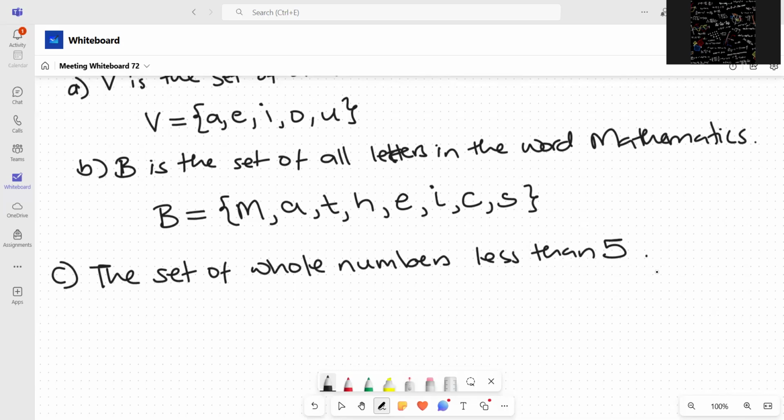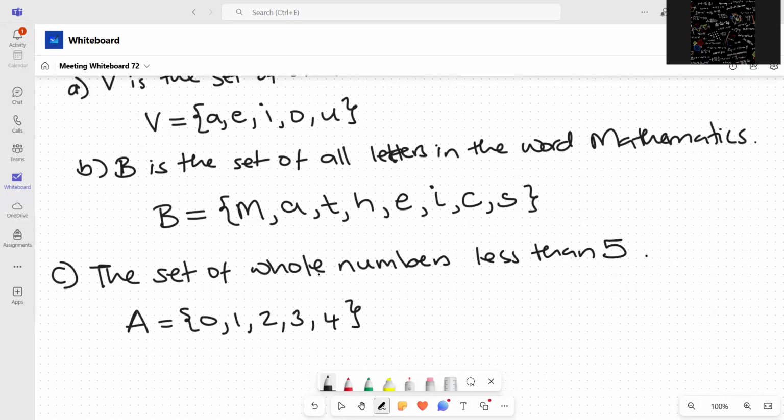Okay, so with whole numbers, we're talking about natural numbers including 0. So we don't consider the negative. That is the definition of whole numbers. So this set, we're not given a letter to call it. So we can just say A is equal to 0, 1, 2, 3, 4. Okay, so that is where we stop.